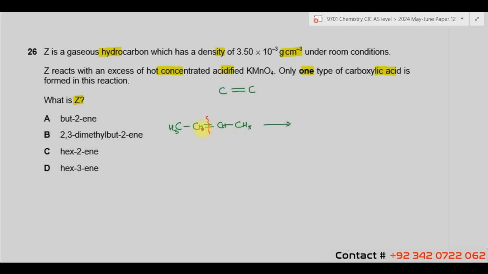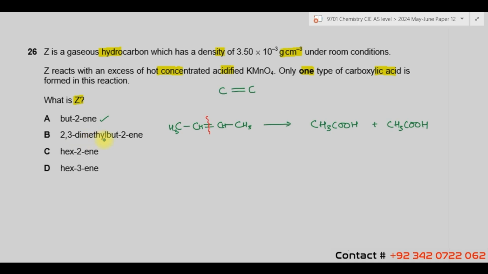Now this carbon is bonded to a hydrogen atom and an alkyl group, so it will become carboxylic acid. This carbon will also become carboxylic acid. So we have CH3COOH, a 2 carbon carboxylic acid on one side, and a 2 carbon carboxylic acid from this part. So one type of carboxylic acid is formed. This might be correct.